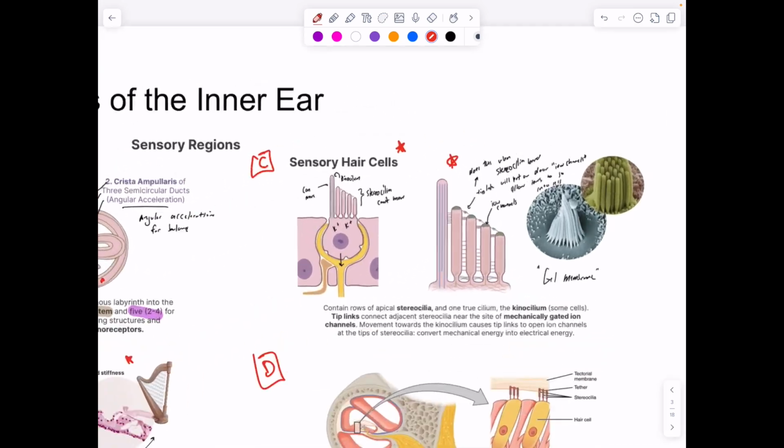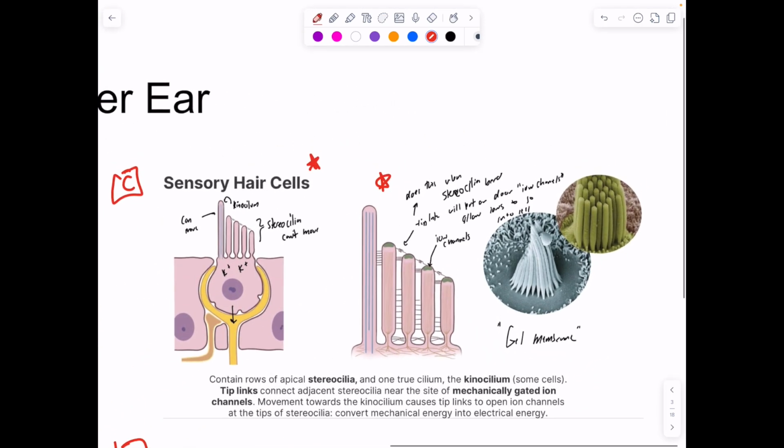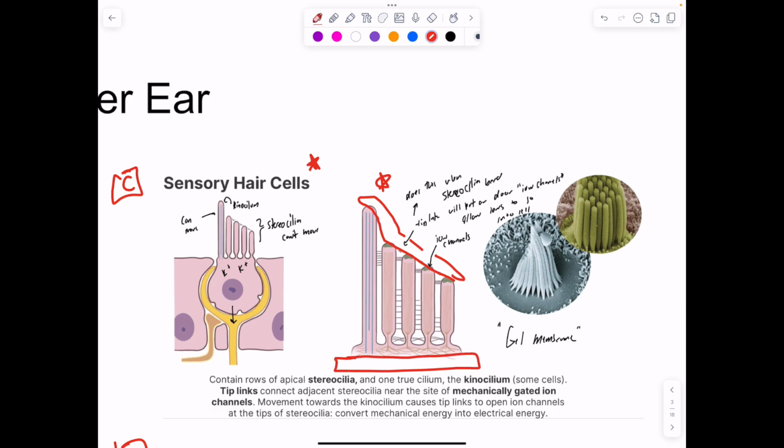In particular, the idea is that the tops of all of our hair cells are embedded in a gel membrane. The bottom layer is attached to something like a basilar membrane. When sound comes in, it's going to cause this guy to flop.